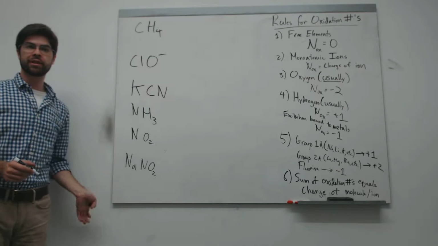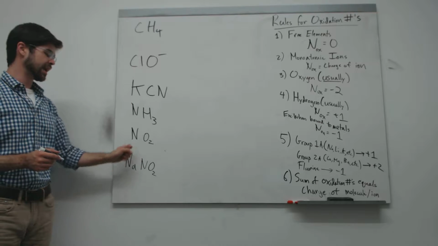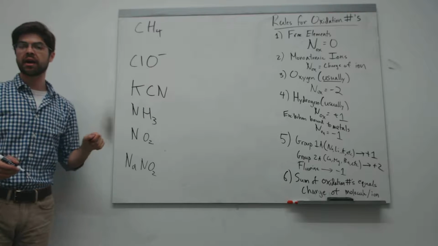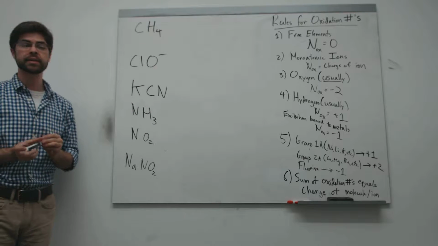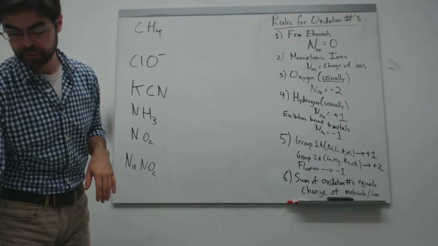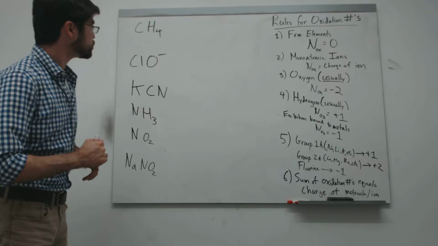So if you want to pause the video and predict the oxidation states for each element in each one of these compounds, I would say take a stab at it, try predicting using these rules, and otherwise I will work through these examples right now.